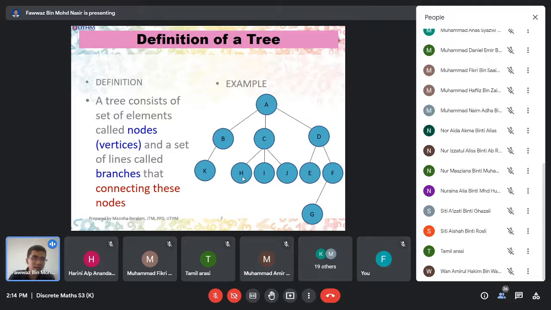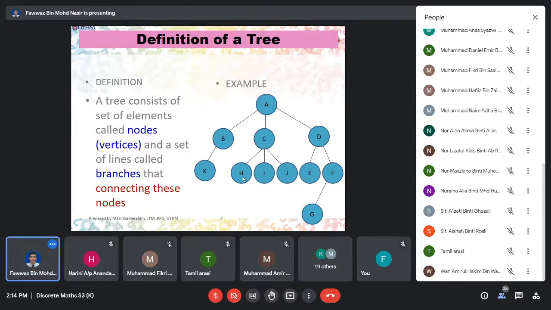Okay, jadi kalau kita tengok ada term-term yang kita dah encounter dalam chapter graph kan. Punya vertices and lines ni kan. Okay, so ataupun edges ni. Okay, so tree ni memang actually is part of the graph, tapi tak semua graph adalah tree. Okay, jadi basically karakteristik yang penting, dia ada beberapa karakteristik.